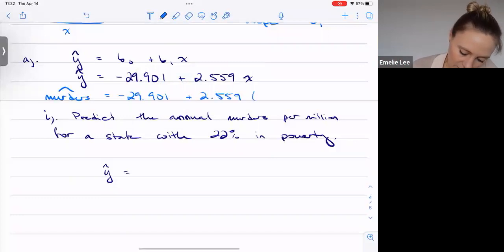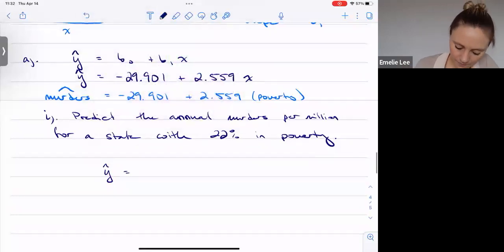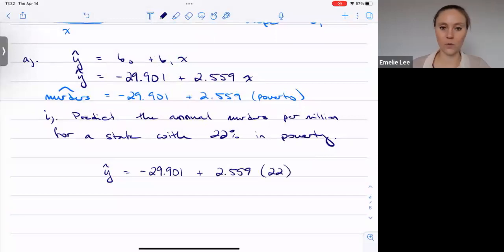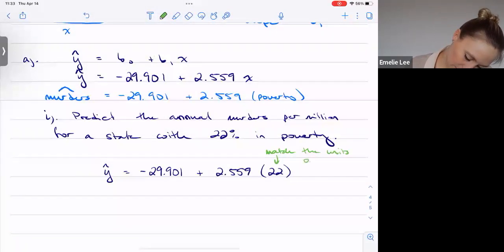So you don't want to do any rounding. Right? So the predicted murders is negative 29 something plus 2.5 something times the poverty. So you could use this wordy one if you wanted to, but I'm just going to stick to the y hat. Y hat is negative 29.901 plus 2.559 times 22. Here, I will make a note, match the units on the scatter plot.